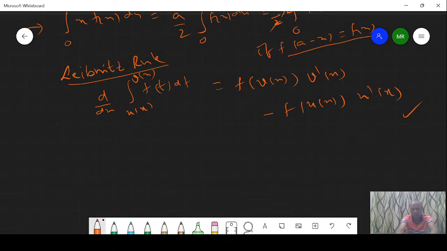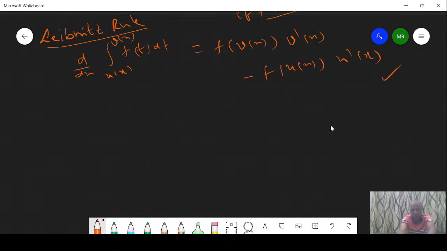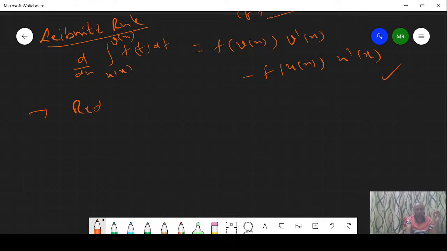Next one. Suppose I am talking now about reduction formulae. So what is the meaning of reduction formulae?